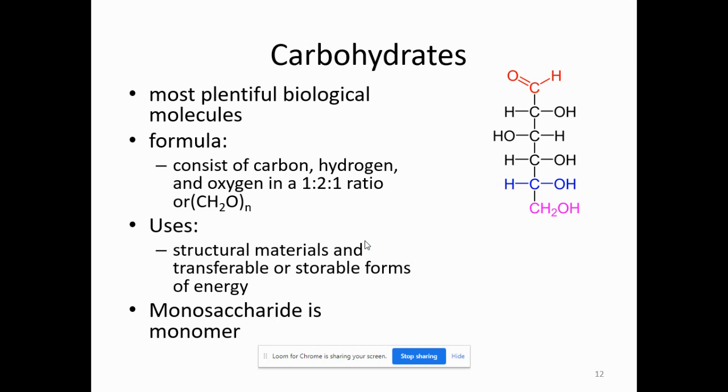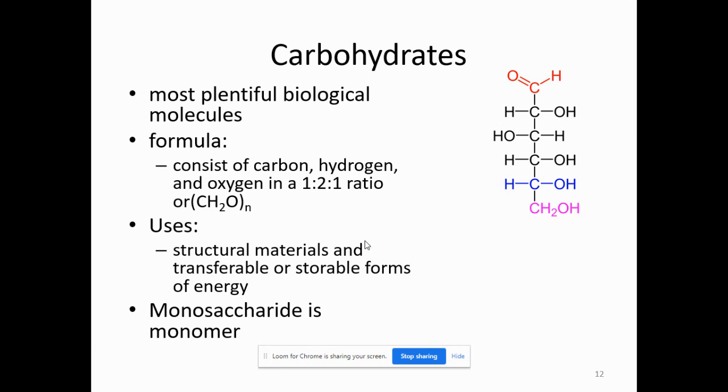All these carbohydrate molecules contain carbon, hydrogen, and oxygen, and for every carbon and oxygen atom, you have 2 hydrogen atoms. So what are the uses of carbohydrates? They're used as structural materials as well as transferable or storable forms of energy.